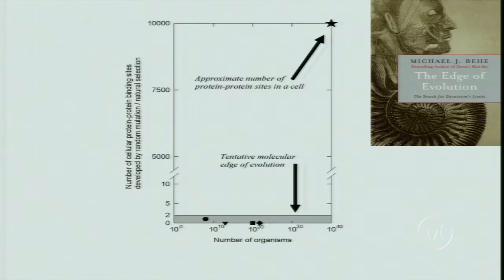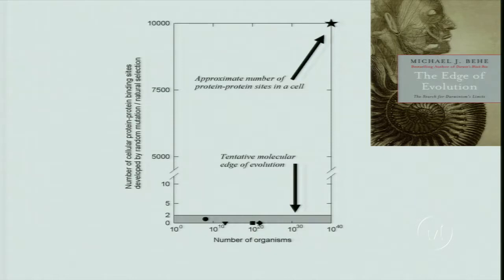So essentially, 2 protein-protein binding sites is the limit of evolution, of Darwinian evolution. And down here, I have little dots showing that in how many numbers of organisms new binding sites have developed. And we have 1 for sickle hemoglobin and none in the case of malaria and many other examples in the literature.